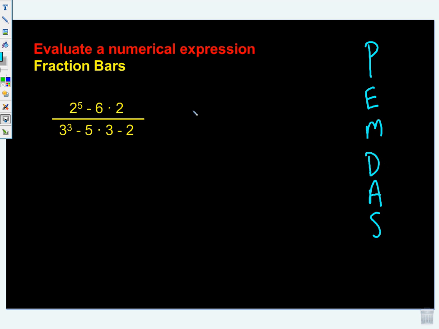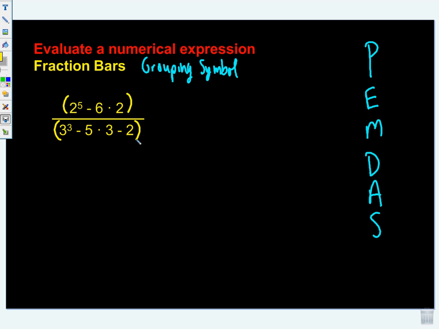But when you see a fraction bar, always think about it as a grouping symbol, just like you would a set of parentheses. So when you're evaluating a numerical expression with a fraction bar in it, always evaluate the numerator separate from the denominator, and it should leave you with a fraction at the end, which you can evaluate with division. So let's go ahead and evaluate the numerator part here first.